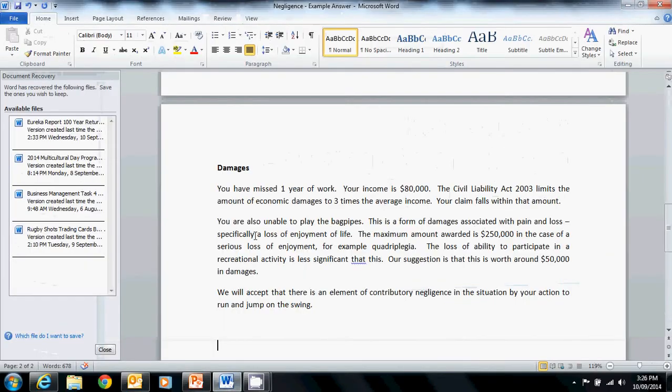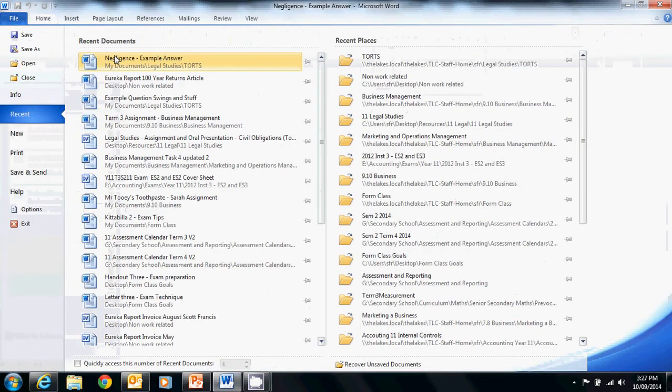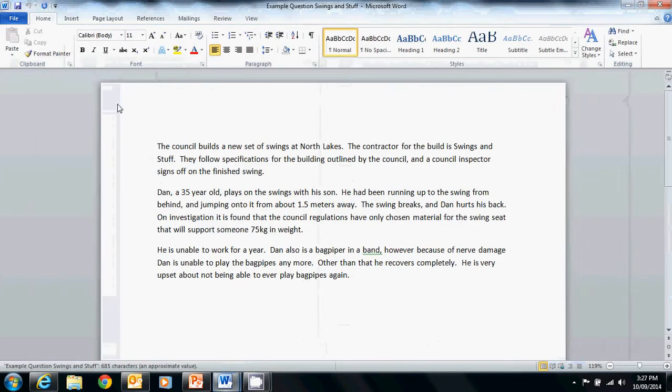This then leads us to the task for the day. And that is this. You have to come up with a conclusion around this situation. A council builds a set of swings. The contractor follows specifications for the building outlined by the council, and a council inspector signs off on the finished swings.